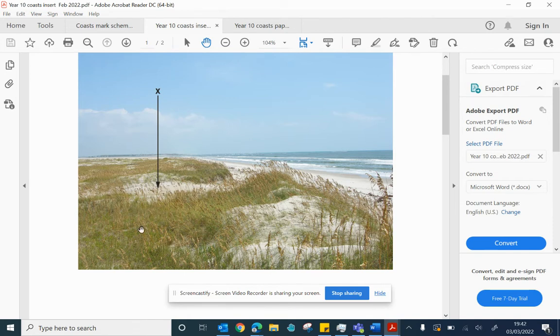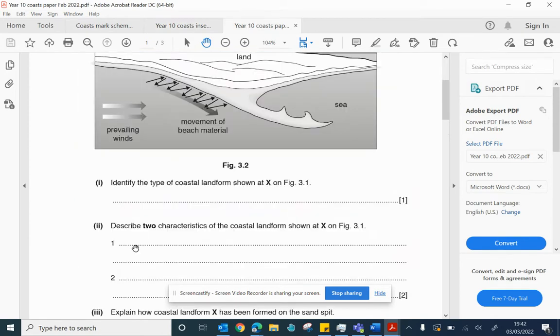So the first thing is there is a significant amount of vegetation in the form of marram grass on the sand dune. Now, what you might notice there is I'm trying to fill at least 1.5 to 2 lines.